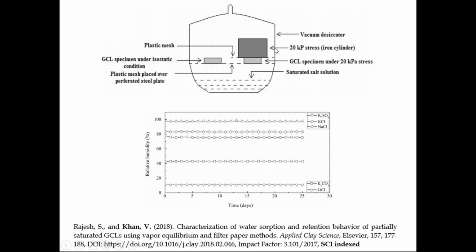In this study, a 20 kPa stress condition is considered. The 20 kPa stress was applied using an iron cylinder. After that, the lid of the vacuum desiccator was placed, and the desiccator was kept airtight for equilibrium.